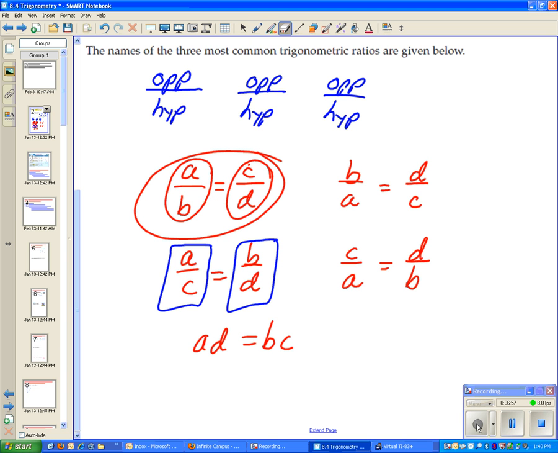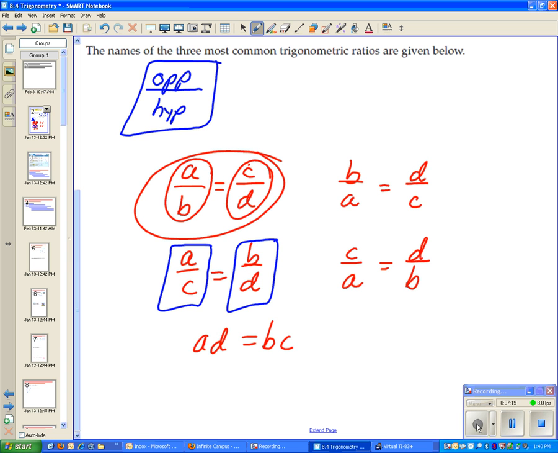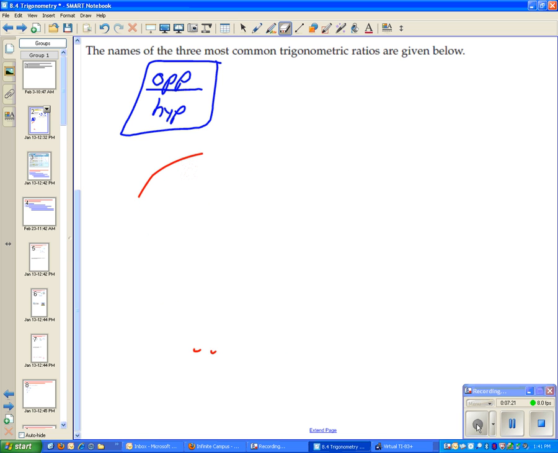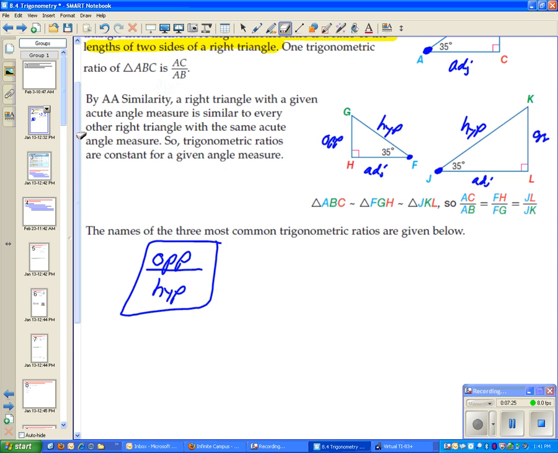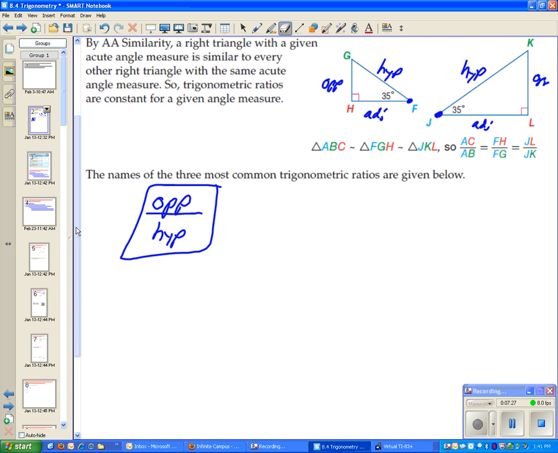So this idea of opposite over hypotenuse, where both those sides are from the same triangle, it works because there's more than one correct way to write a proportion when you have similar triangles or similar anythings. There's more than one way to write the proportion. That's one of them: opposite to hypotenuse equals opposite to hypotenuse. Okay? Well, look, that's one way I can do a ratio.